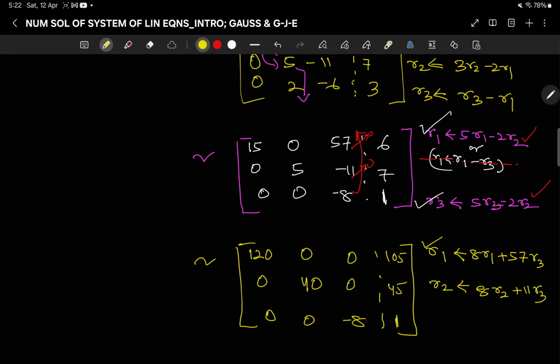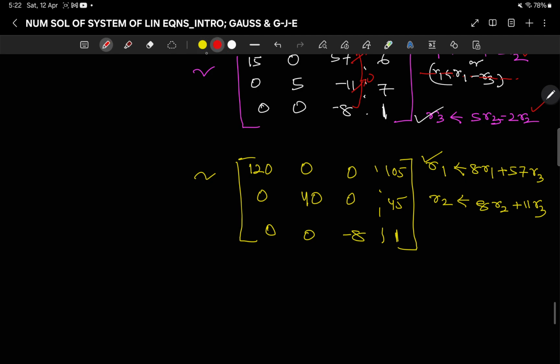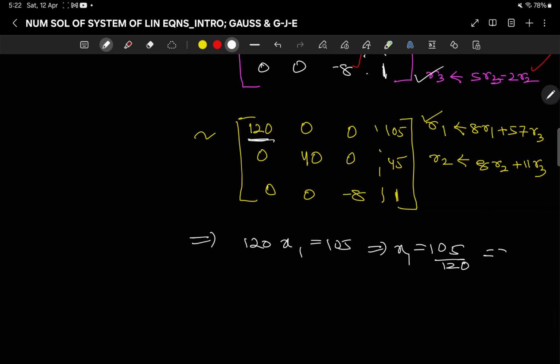Now, rather than bringing 1 and 1, we compute directly. So 120 x1 is 105, which implies x1 is 105 by 120, which is 7 by 8. Then 40 x2 is equal to 45, which implies x2 is 45 by 40, which is 9 by 8.